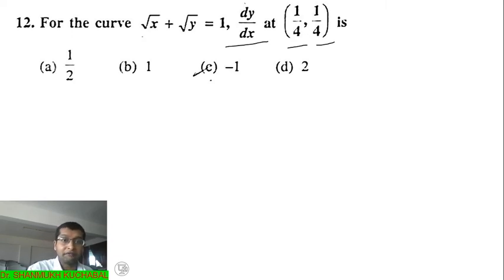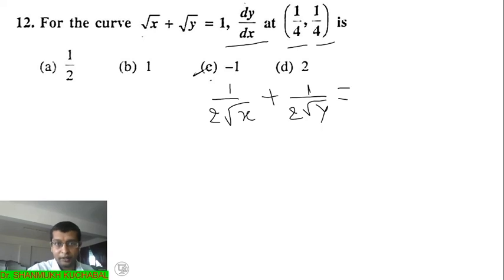So now differentiating, root x differentiation is 1 by 2 root x, and root y differentiation is 1 by 2 root y, and 1 differentiation is 0.